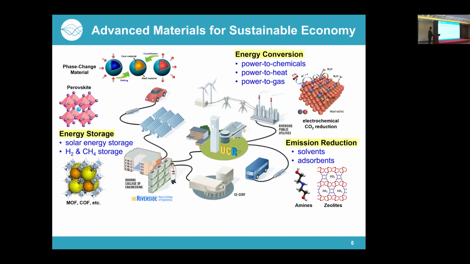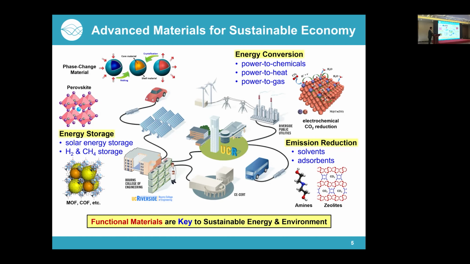So, if we look at the whole sustainable energy generation, energy storage, and emission reduction, all these different sectors, you will see that we have a very important design factor. Here we call it functional material. So functional materials are key to achieving sustainable energy and environment.